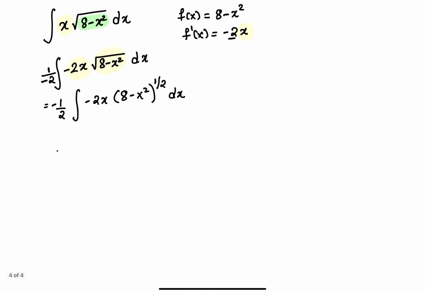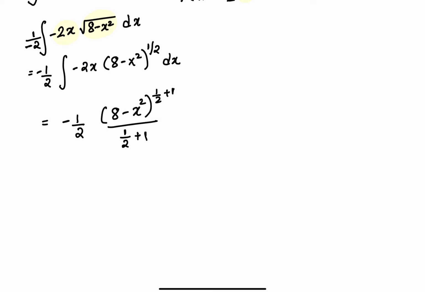f of x to the power n plus 1 over n plus 1 plus c. So this is going to be negative half, 8 minus x squared, to the power half plus 1 over half plus 1, plus c.